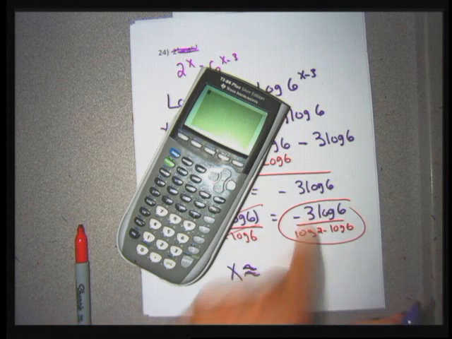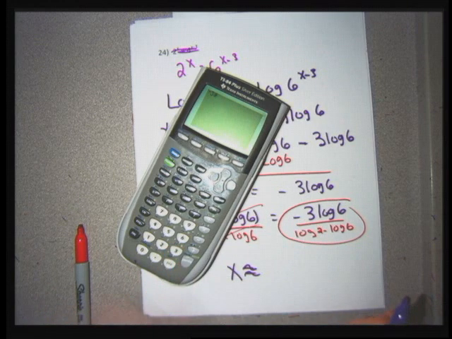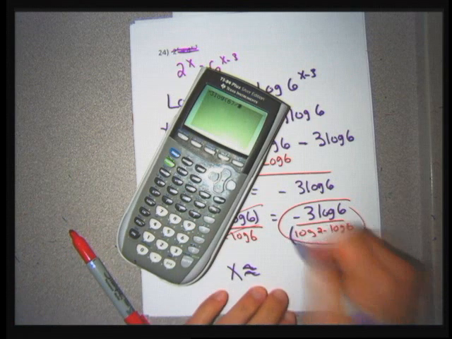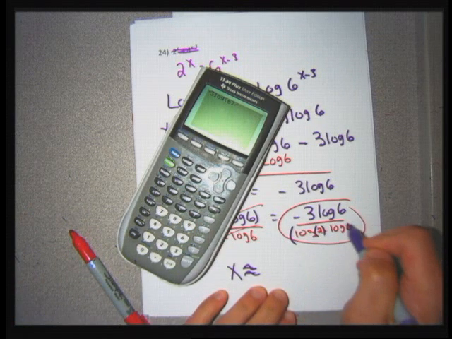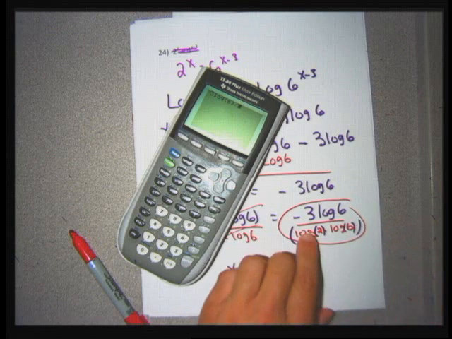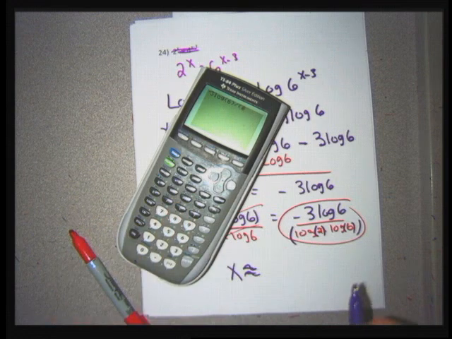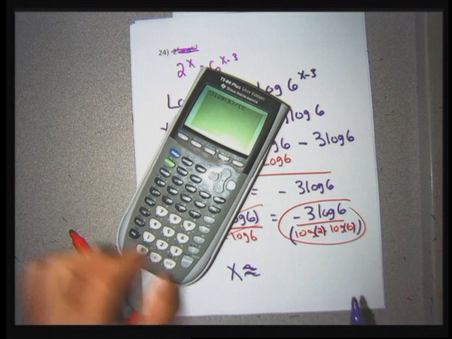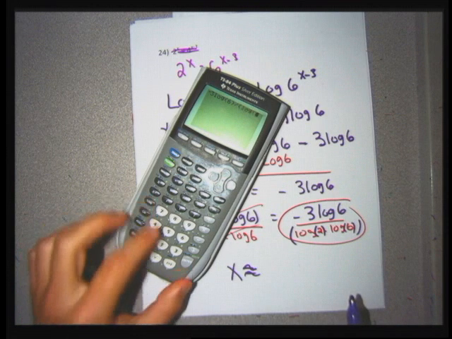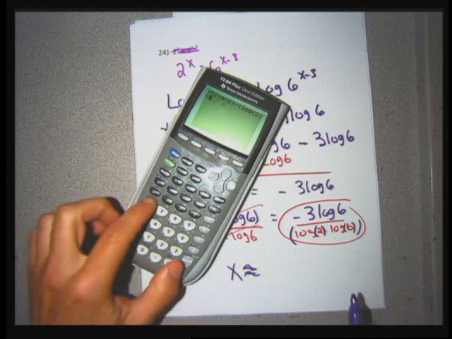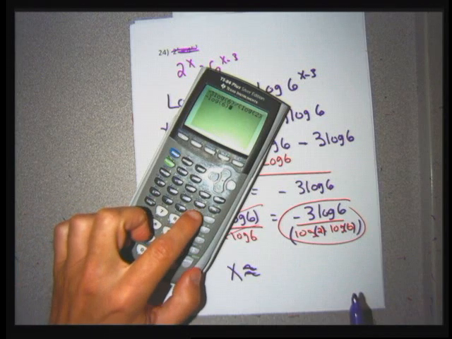So let me do this. Minus 3 log of 6 divided by, and then a bunch of parentheses down here. I'm going to do log of 2, divided by big parentheses, divided by log of 2 in parentheses minus log of 6 in parentheses and another parentheses.